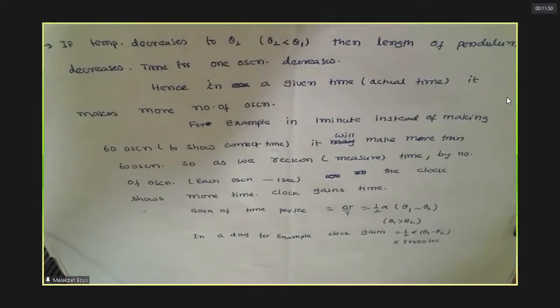That is the reason why we'll never use a normal pendulum. We'll use something called invar. Invar has negligible expansion. We choose materials which have almost alpha as 0, so that the variation will not affect the time. Understood this?